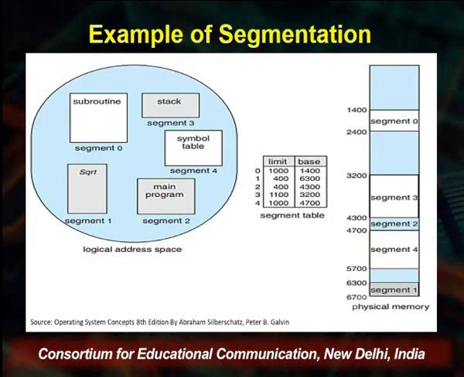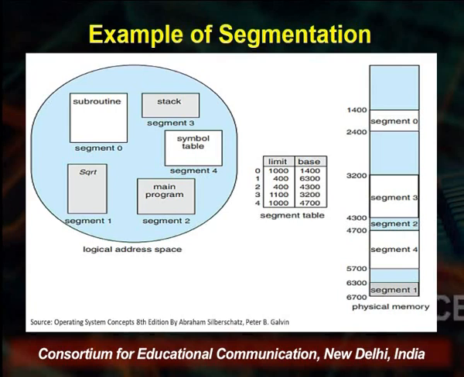Now, let us try to understand this with the help of an example. On one side we have the logical address space, on the other side the physical memory, and in between we have a segment table. We will look at how the logical address space is mapped into the physical memory.